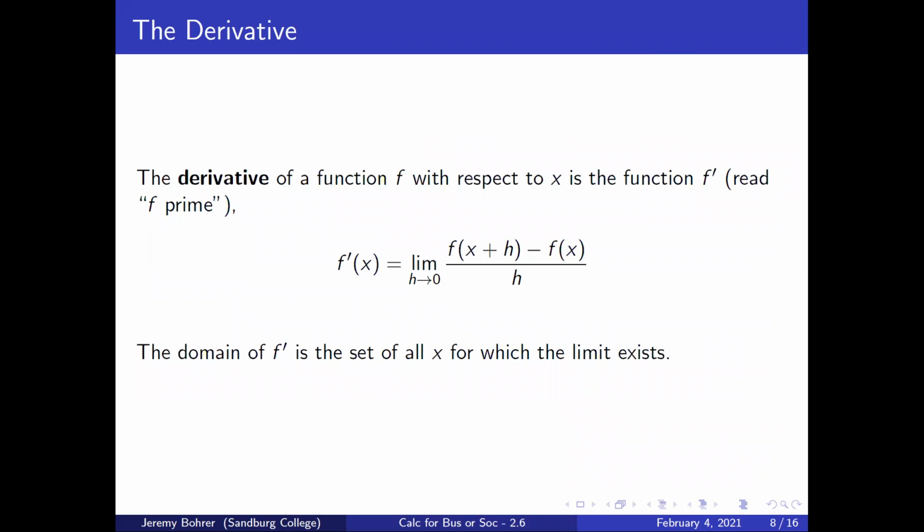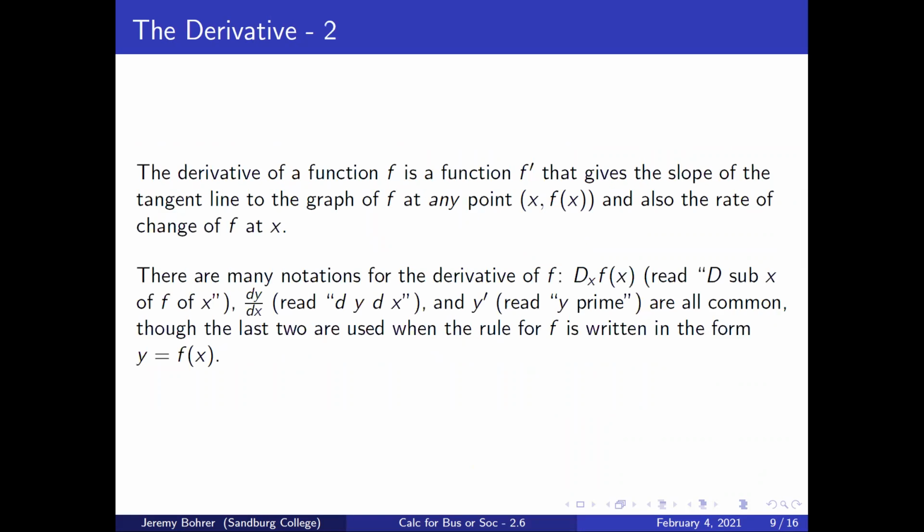The derivative of a function f with respect to x is the function f prime. f prime of x equals the limit as h approaches 0 of f(x plus h) minus f(x) over h. The domain of f prime is the set of all x for which the limit exists.